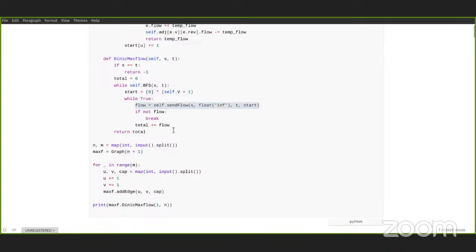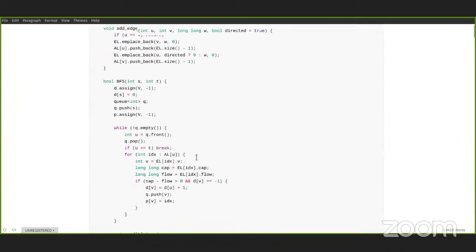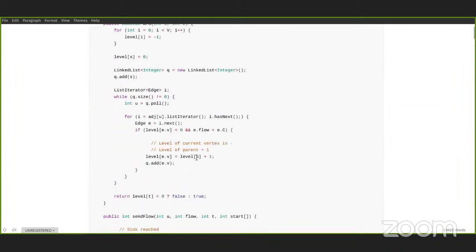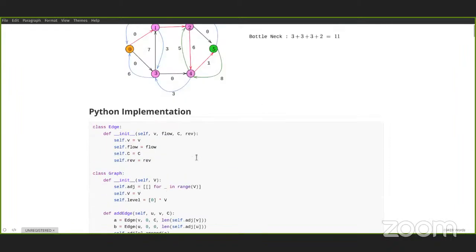If there is no flow left, I'll break and calculate the total, so that I can get the maximum flow in the entire graph. It's just a straightforward implementation taking the inputs. There are other implementations in C++, Java and C, which do the same task.